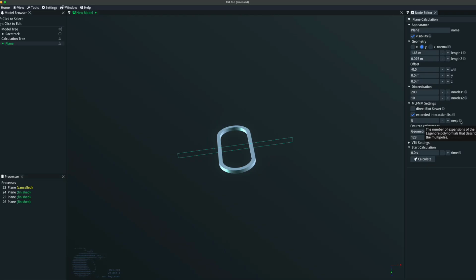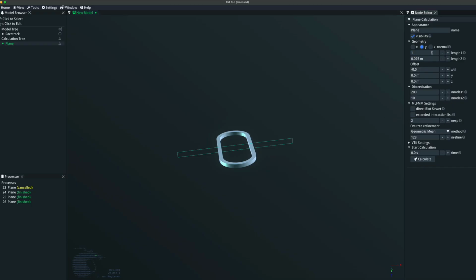And this is the number of expansions. That basically means how you approximate your field of your multipole. So if you do 10 expansions, of course, your polynomial will be more accurate than if you do only 2 expansions. And so basically, to demonstrate this, I want to actually mess up the calculation. So in fact, I'm going to not use the extended interaction list and only do 2 expansions.